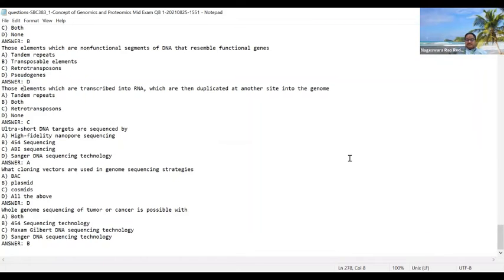Balaji. Sir, it's 454. 454 sequencing is actually the technology that helps us to sequence the whole genome of a tumor.